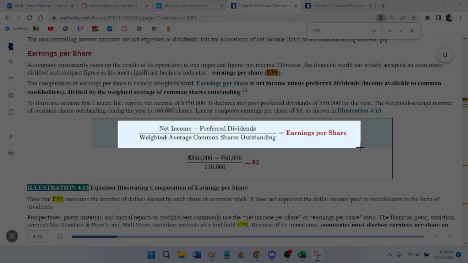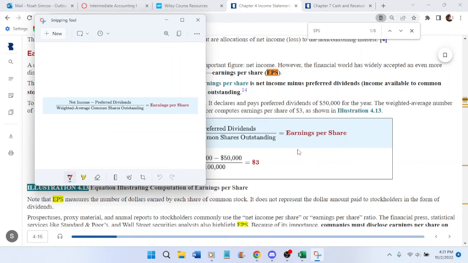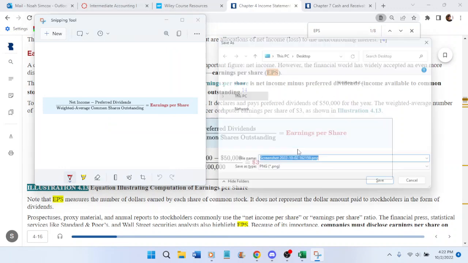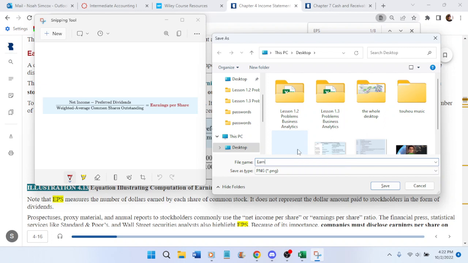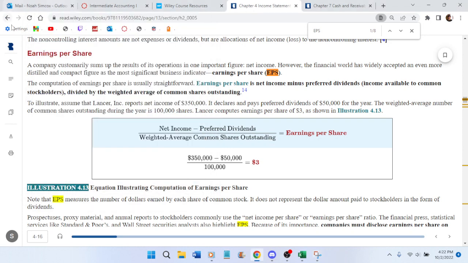So first of all, earnings per share. And the second thing we want is accounts receivable turnover.